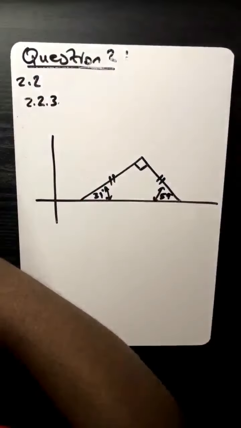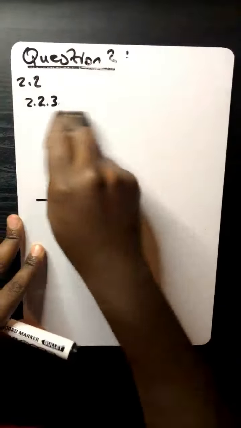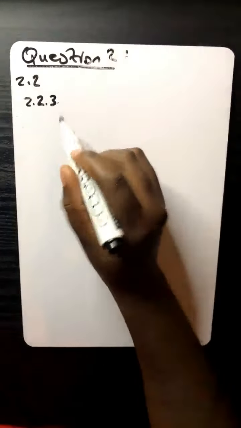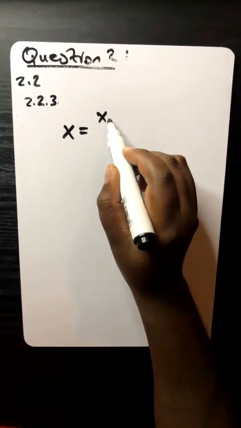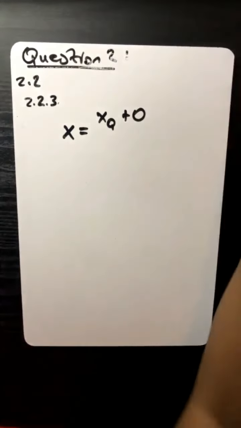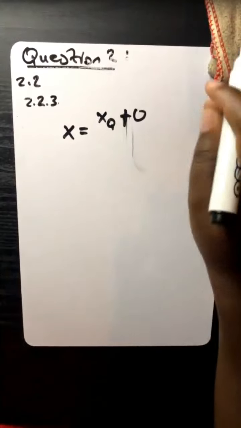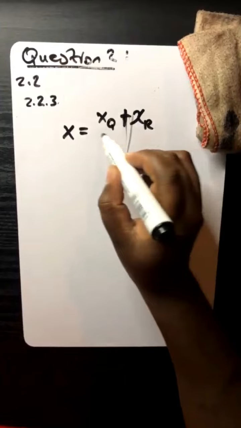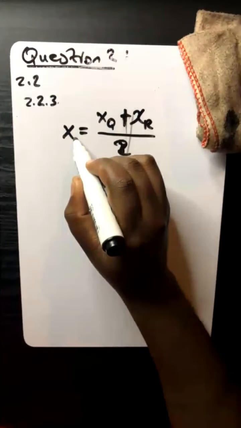That means if we use the formula for the midpoint, we should also get 7.8, isn't it? So are you saying x is equal to x of Q plus x of R, divided by 2?